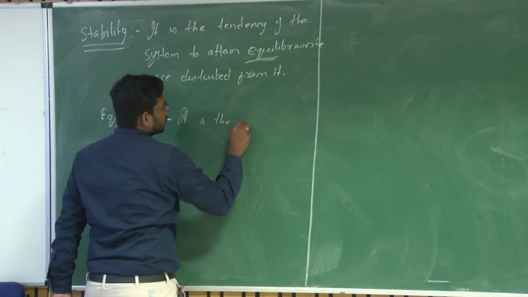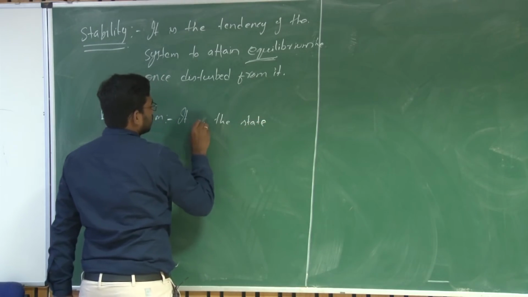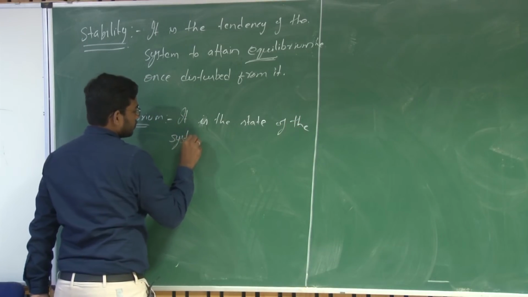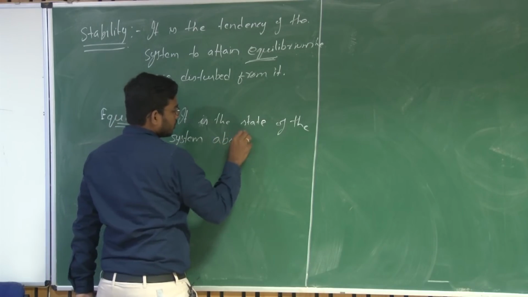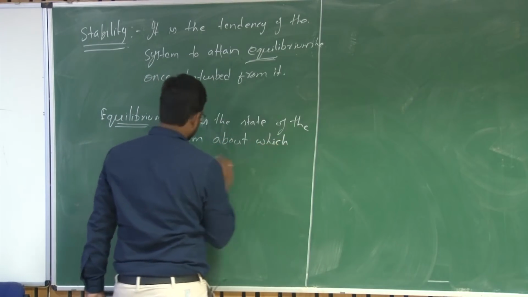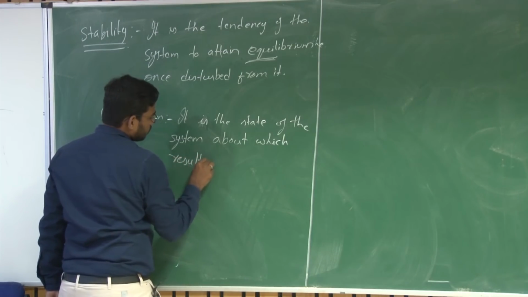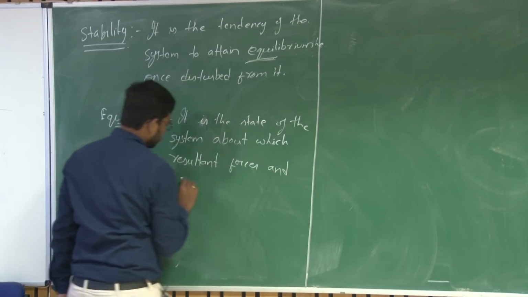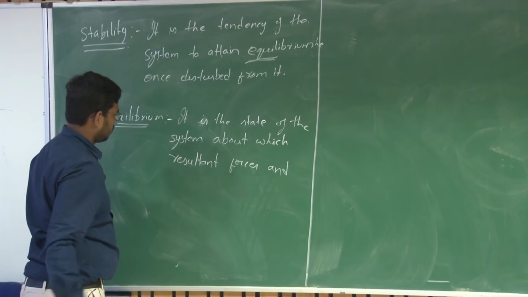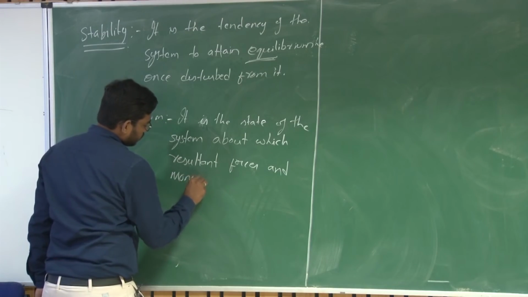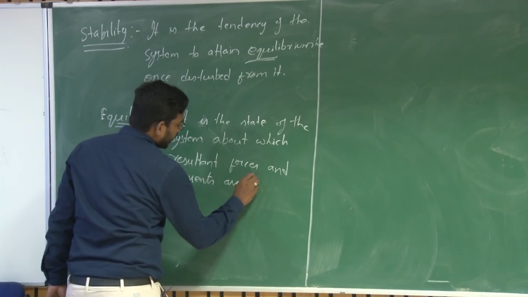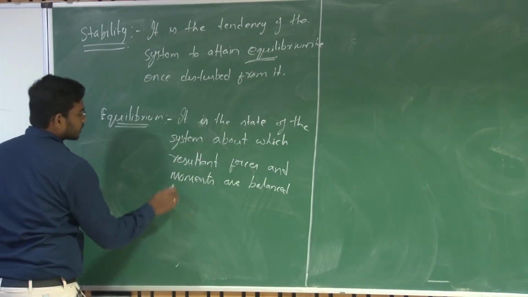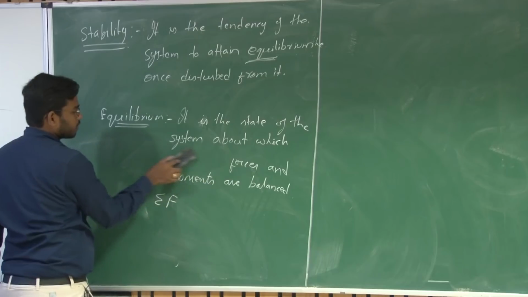It is the state of the system about which resultant forces and moments are balanced. So that means the forces and moments are balanced, or there are no resultant forces and moments.